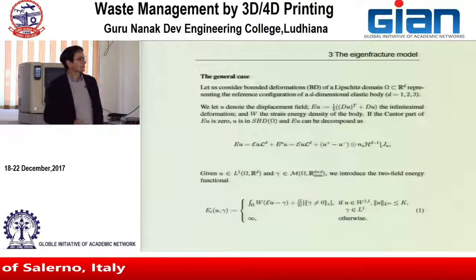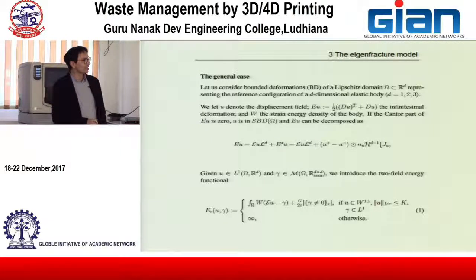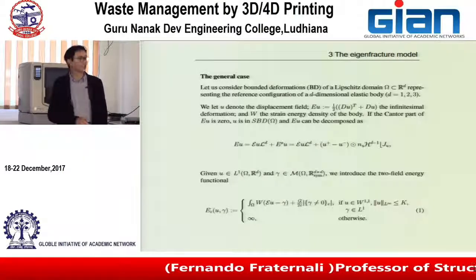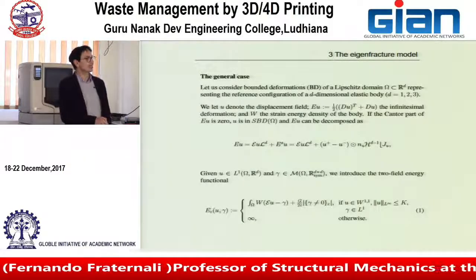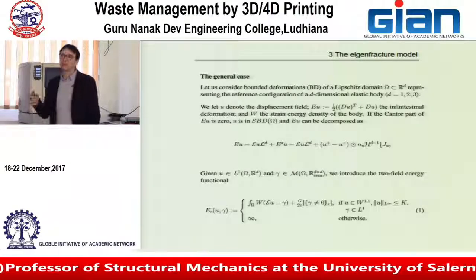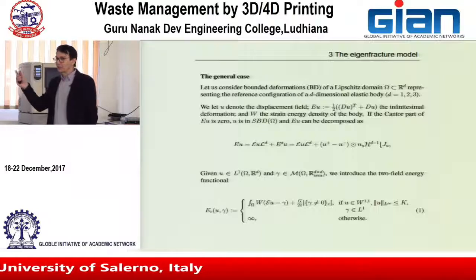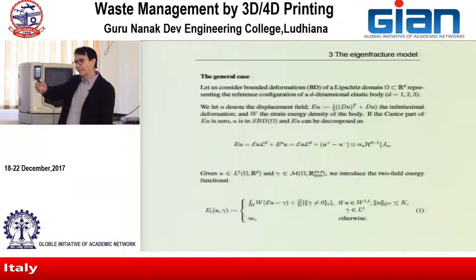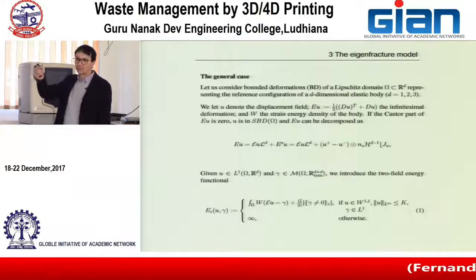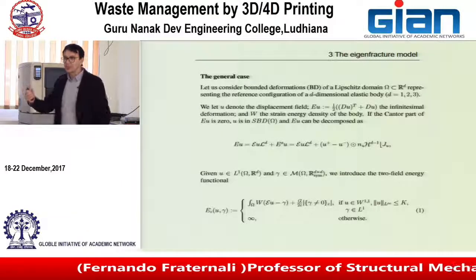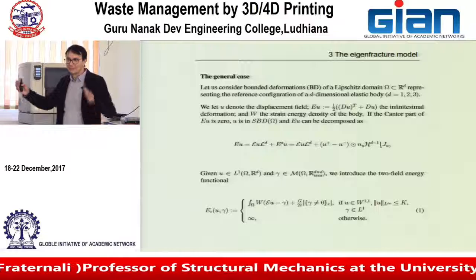So your energy is made of two terms. Okay? Our energy is made of two terms. This is the elastic energy, and this is, assuming brittle fracture, the fracture energy. It's the toughness of the material, the energy per unit surface of the material, times the area of the crack.